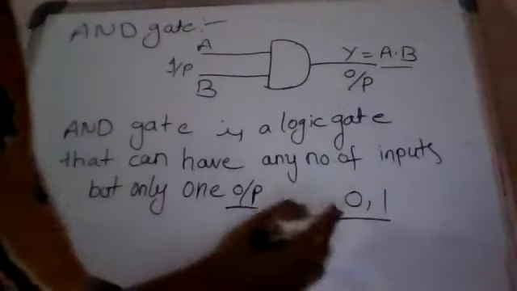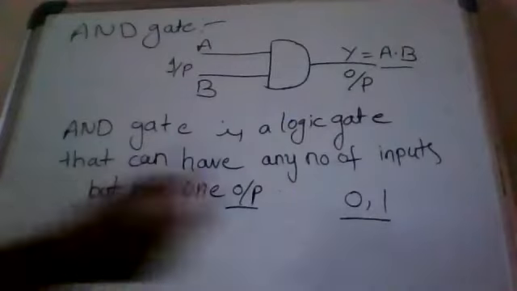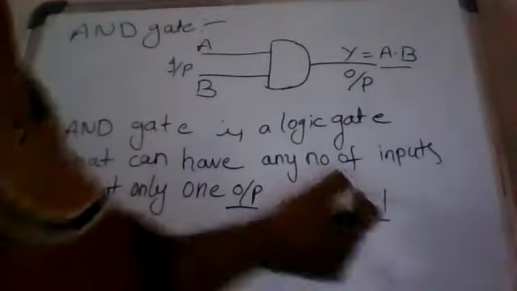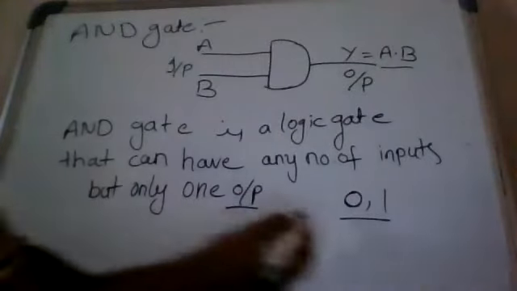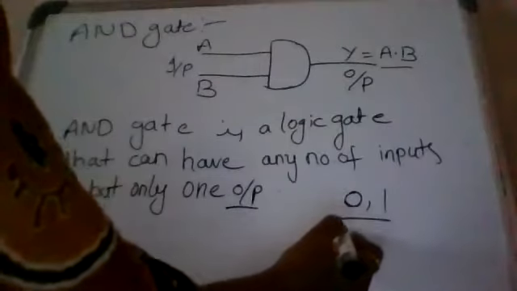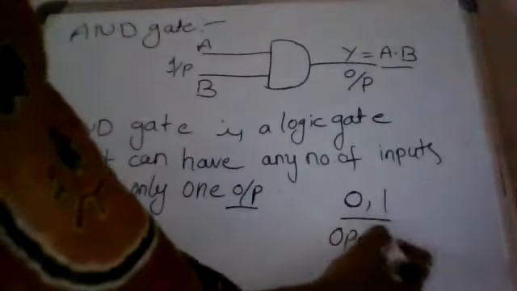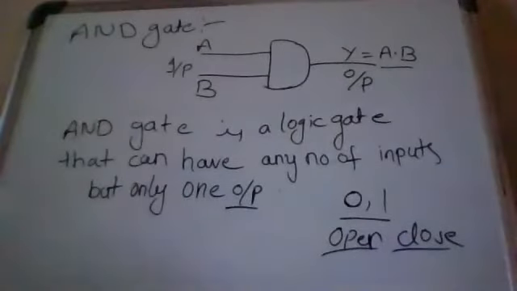So if 0 means open, 1 means close. So 0, 1 binary digits. In logic gates, we are using only binary digits 0, 1.